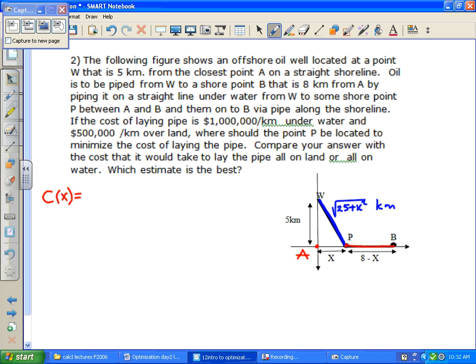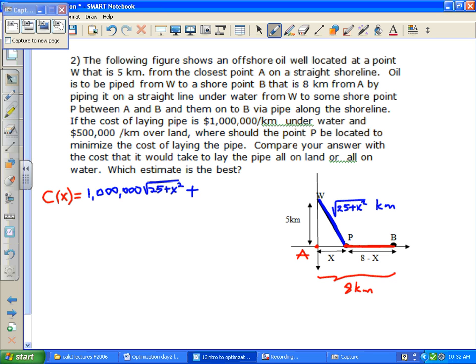So 1 million times the square root of 25 plus x squared. Plus, then you're going to lay the cable over land, so over here, the red region. And here I show you the length of that. In some questions, they'll just tell you this distance is 8 kilometers.